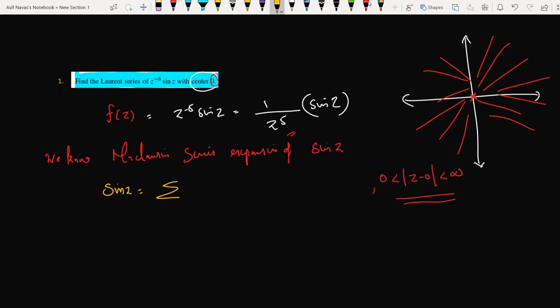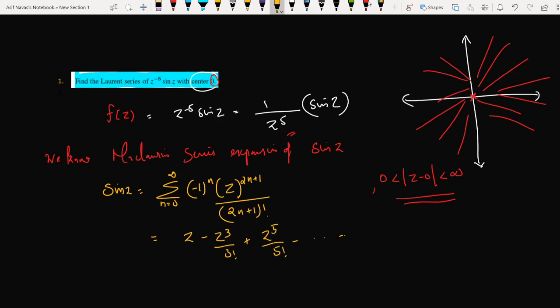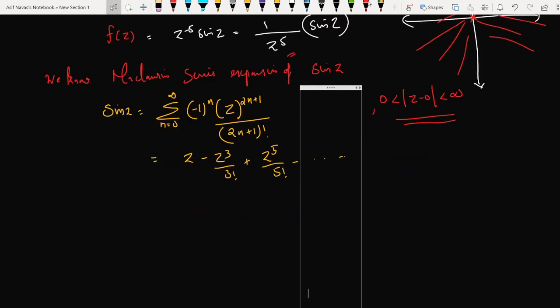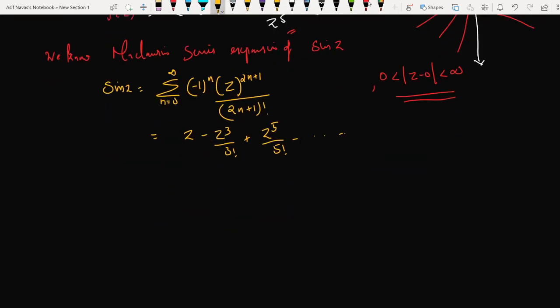Such basic functions you have to know the series expansion of. It is the sum from n equal to 0 to infinity of minus 1 power n, z raised to 2n plus 1 divided by 2n plus 1 factorial. So this is z minus z cubed by 3 factorial plus z raised to 5 by 5 factorial minus etc. This is the expansion with the center 0, right?